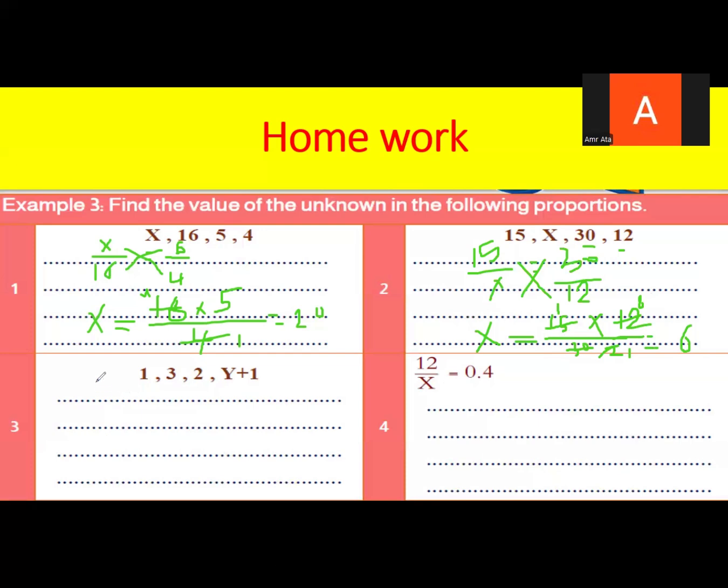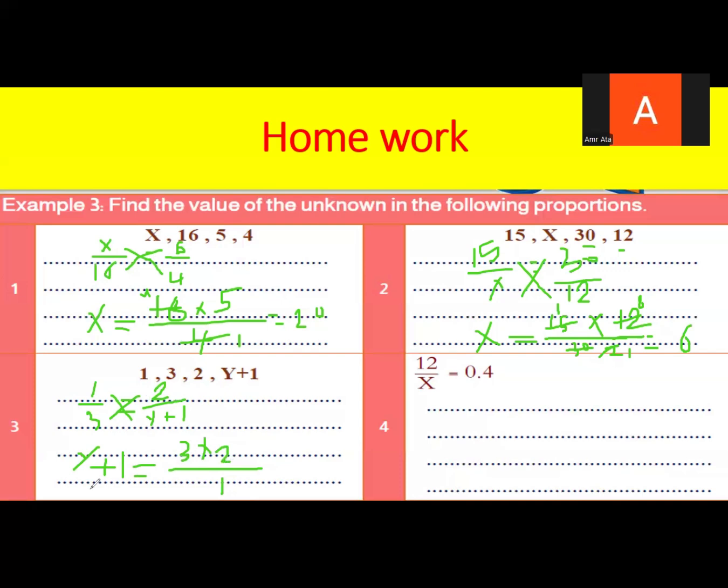The third one, 1 over 3 equals 2 over y plus 1. I make a cross multiplication. So the number which is opposite to y plus 1 goes on the denominator, 1. 3 times 2 equals 6.